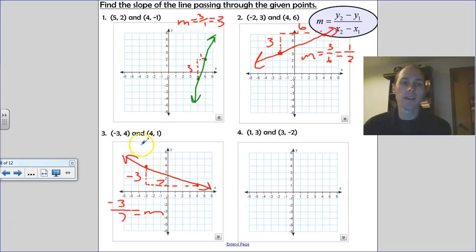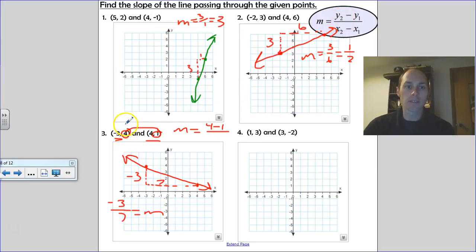Now, if I wanted to find it just using the coordinates, if I didn't have a graph, we have the formula sitting up here. M equals difference of the y's. So 4 and 1 are my y values. So I'll subtract those two, 4 minus 1. Now here's the important part, the y2 and the x2.